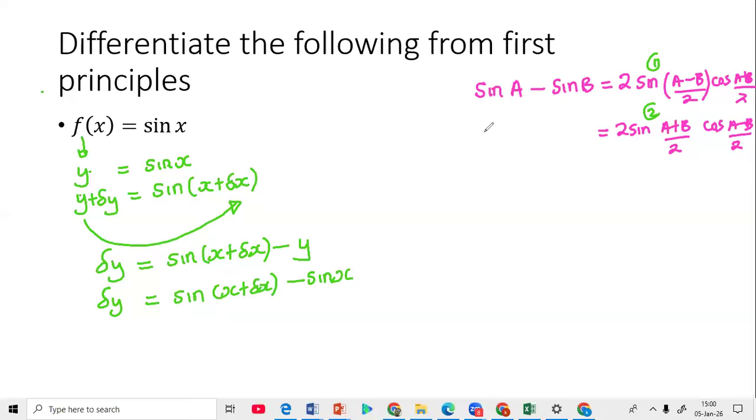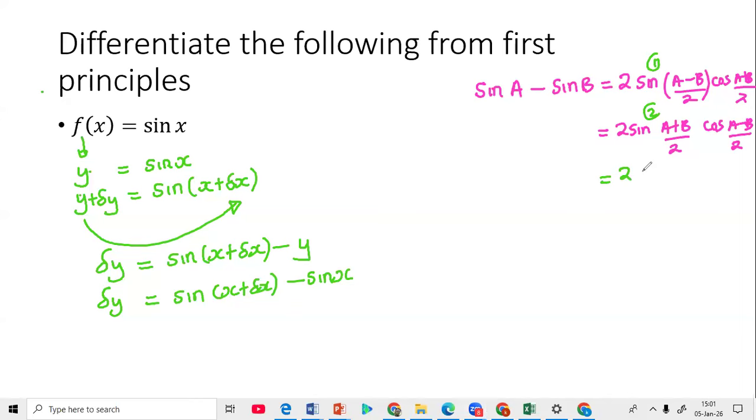Ronald Matovu says: I think it is cos (A plus B) out of 2, sine (A minus B) out of 2.